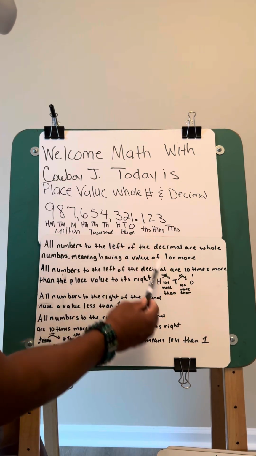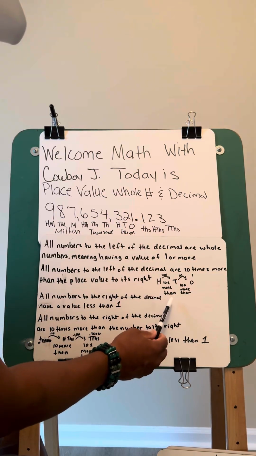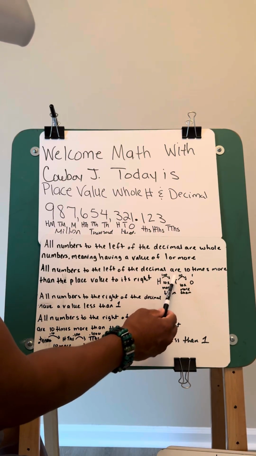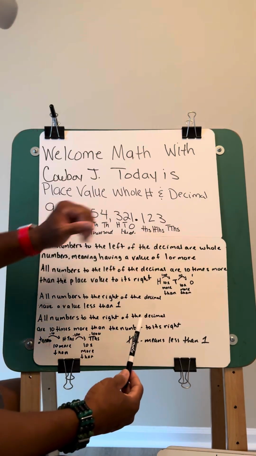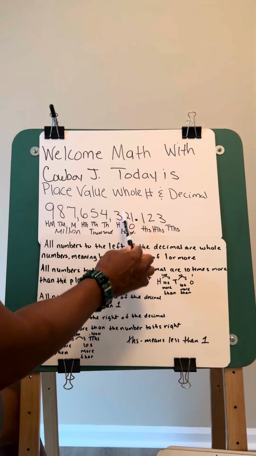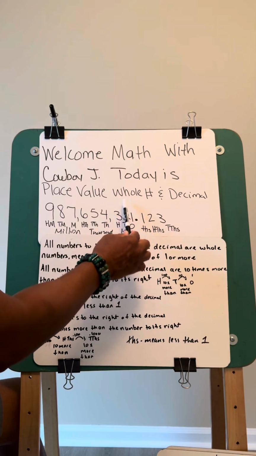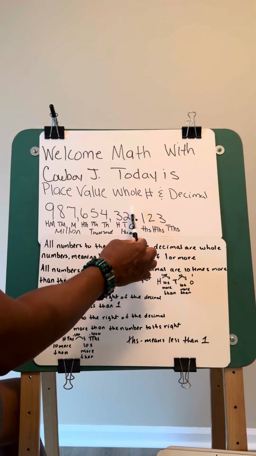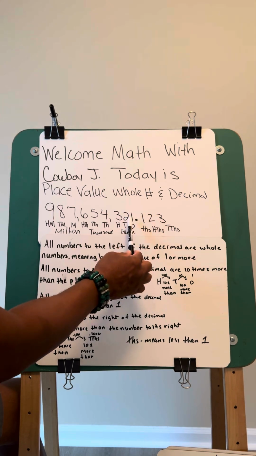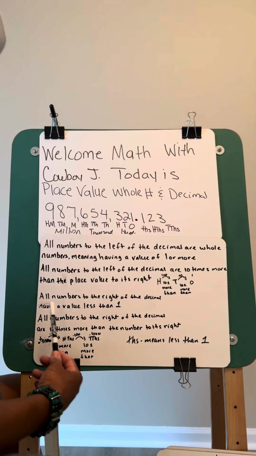So the hundreds place is 10 times more than the tens place, and the tens place is 10 times more than the ones place. So when you're subtracting and you borrow from here, this one is 10 times more than this. That's why you're always borrowing 10. When you borrow from the tens place to help out the ones place, you're always borrowing 10 because this place value is 10 times more than the place value to its right.